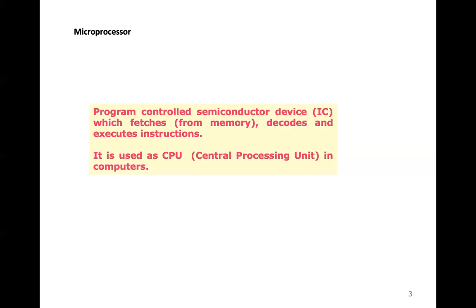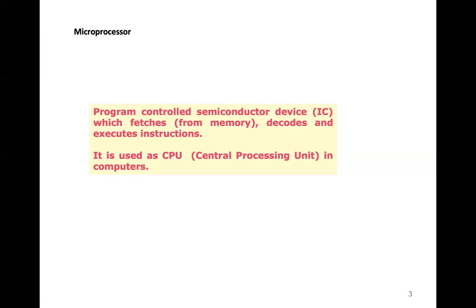You know the decoder, we completed it in our previous semester, encoder, decoder. The information must be decoded; if not decoded, the computer does not understand it. At first decoded, then it executes the instruction. So this is called a microprocessor.